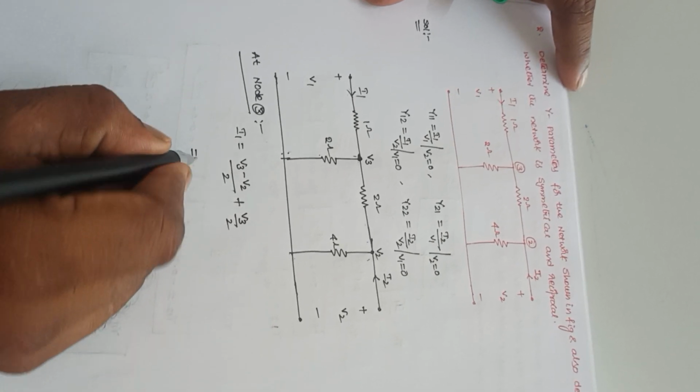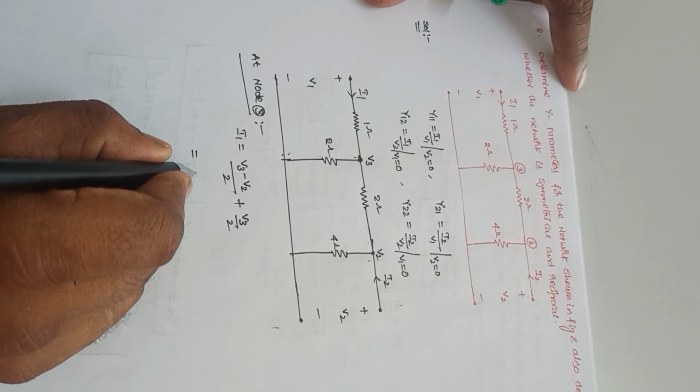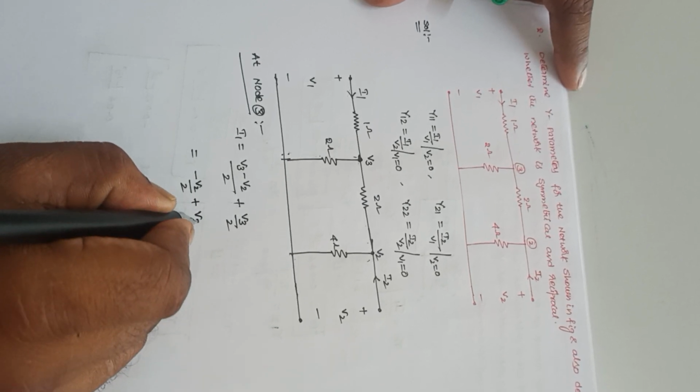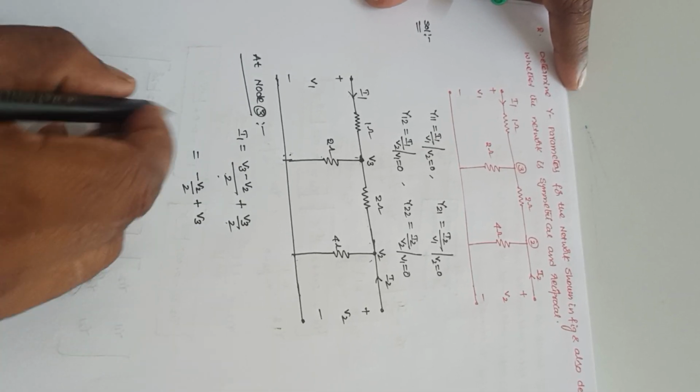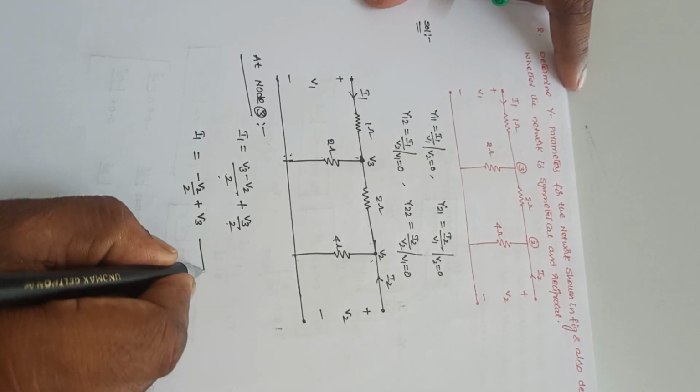So if I rewrite this expression, I1 equals minus V2 by 2 plus V3 by 2 plus V3 by 2, so it is minus V2 by 2 plus V3. Let me consider this equation as 1.